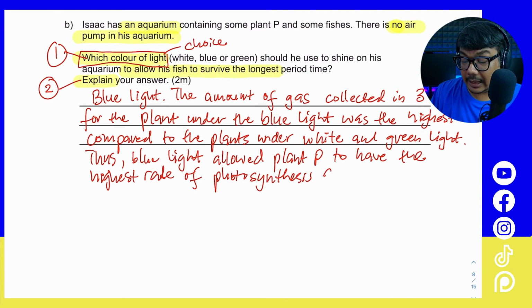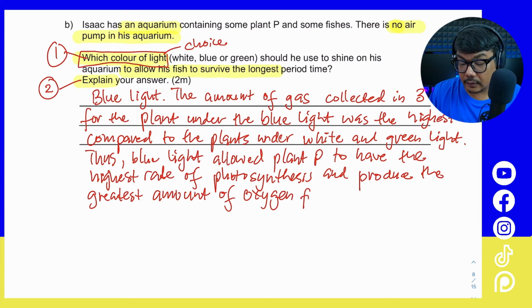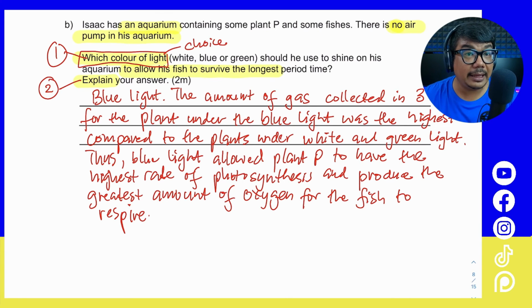And so what if it's the highest rate of photosynthesis? In this question, what is important is the production of oxygen, to produce the greatest amount of oxygen for the fish to respire. So now you will notice that I have gotten my answer fully written out.